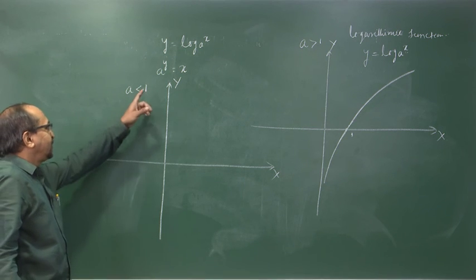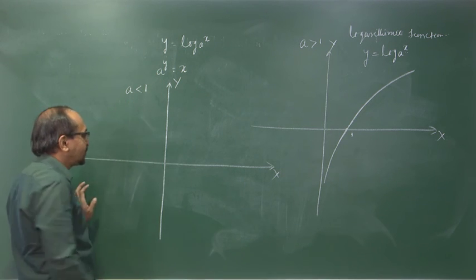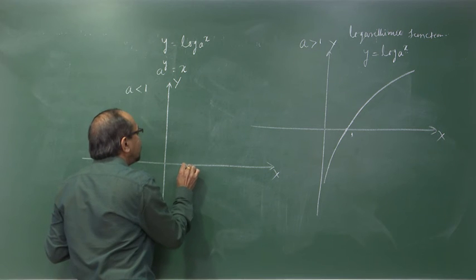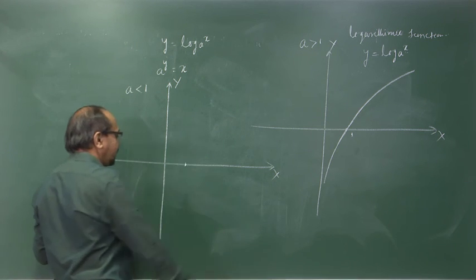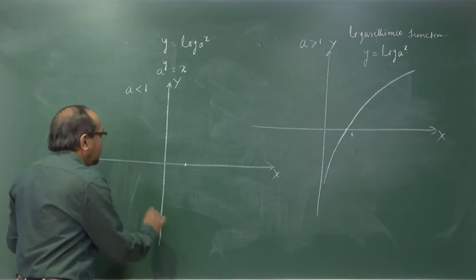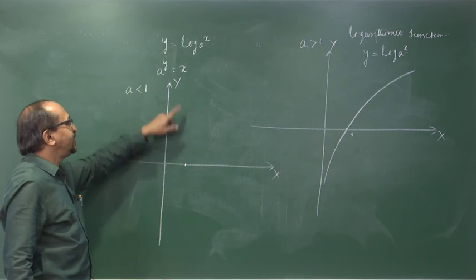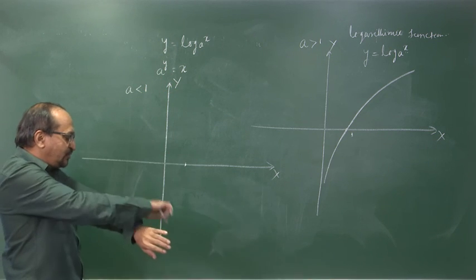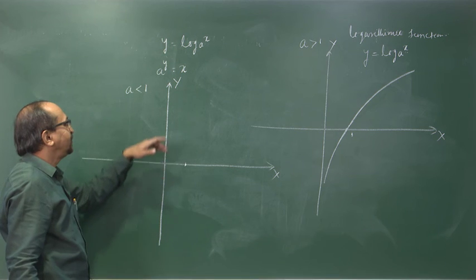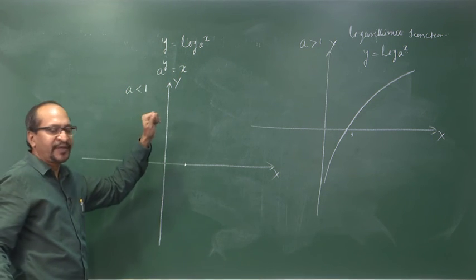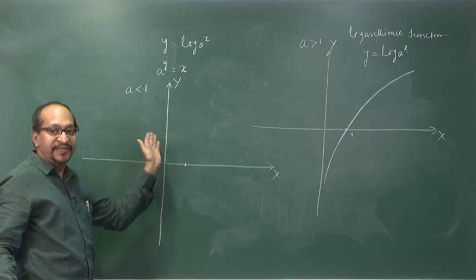Now, again when y is equal to 0, x is equal to 1. So, the graph will intersect at the x axis. But as the positive values of y are increasing, means it is a square, a cube, but a is less than 1.